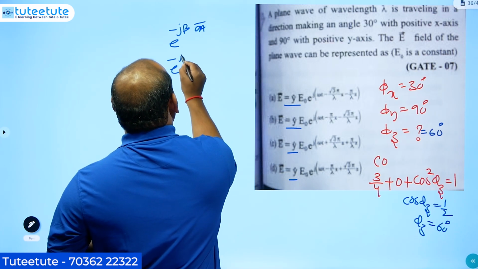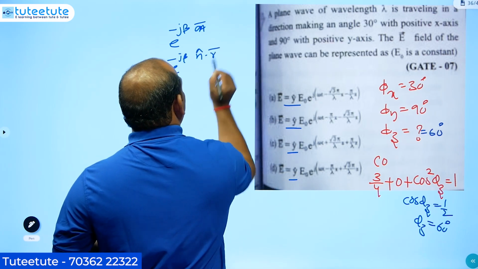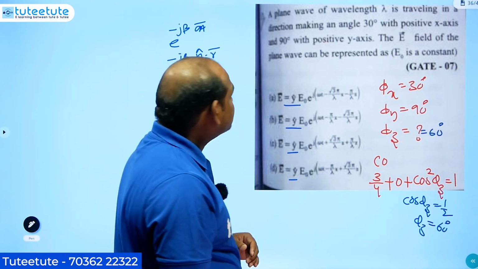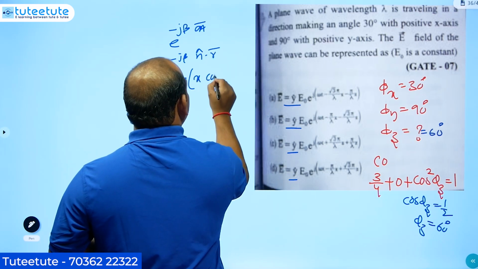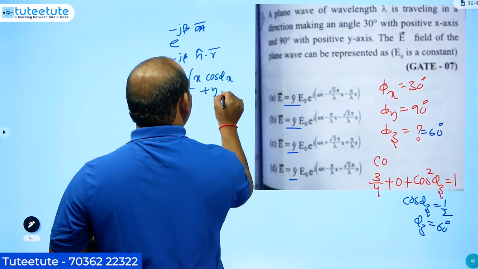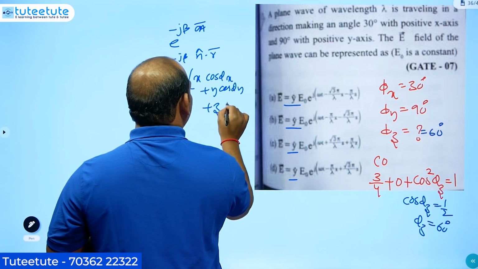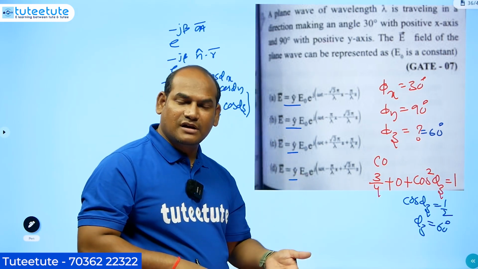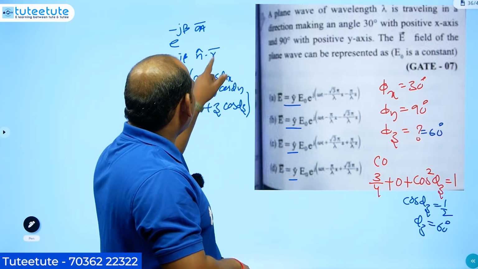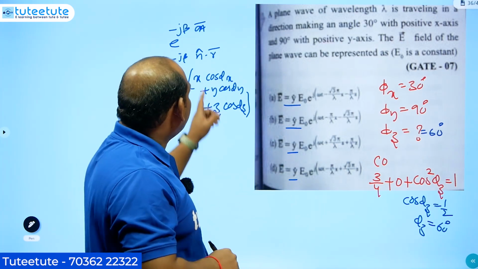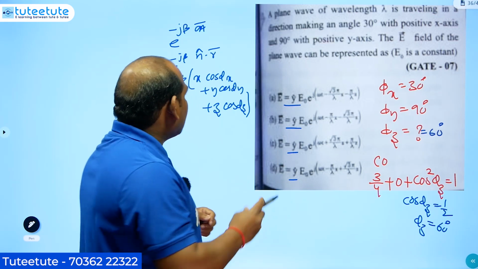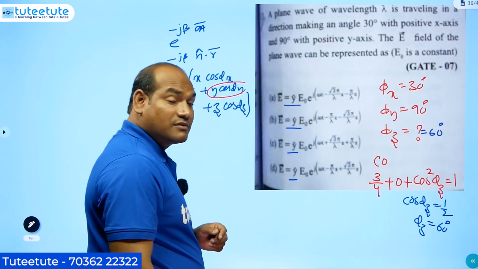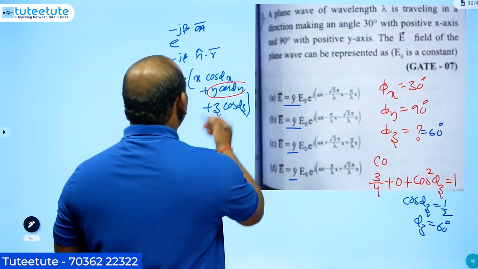OA bar is given by n cap dot r bar, and n cap can be given using the direction cosines. n cap means cos phi x x cap plus cos phi y y cap plus cos phi z z cap. R bar means x x cap plus y y cap plus z z cap. By taking the dot product we get x cos phi x plus y cos phi y plus z cos phi z. The y term is 0 because cos 90 is 0, since phi y is equal to 90 degrees.